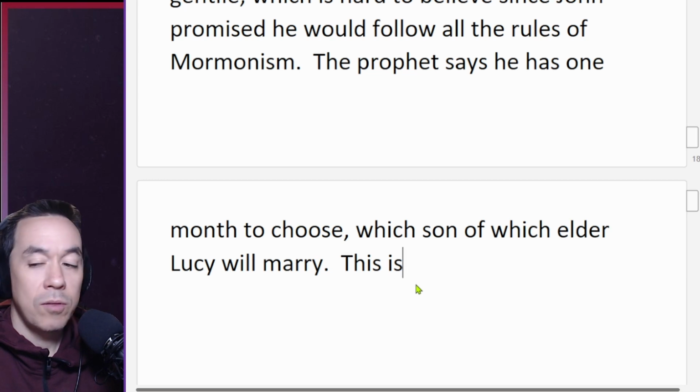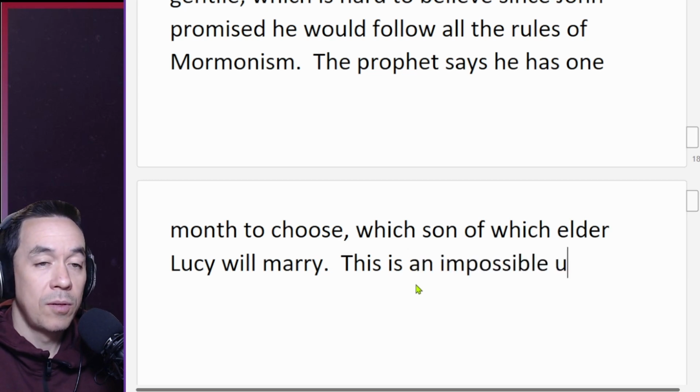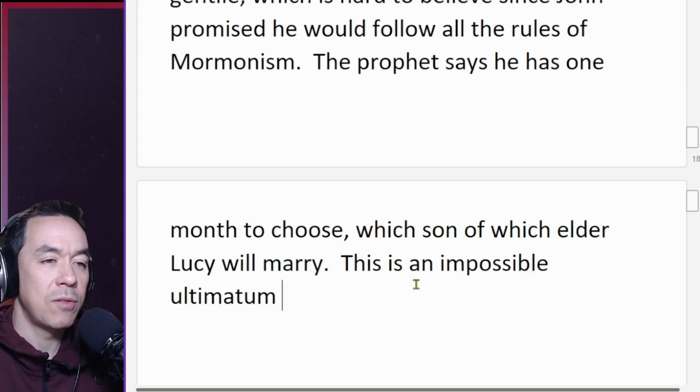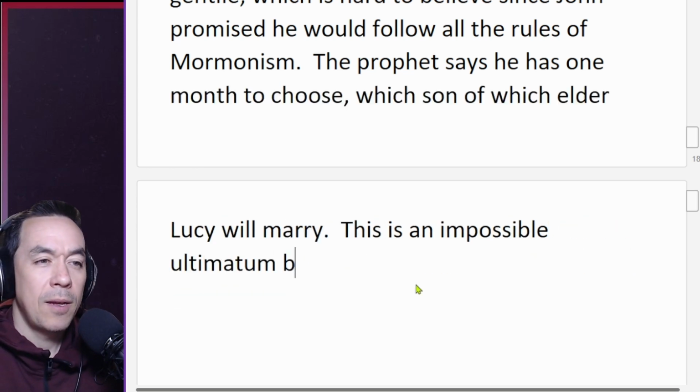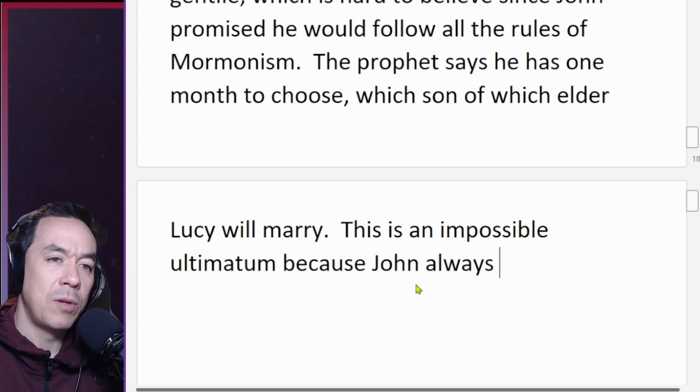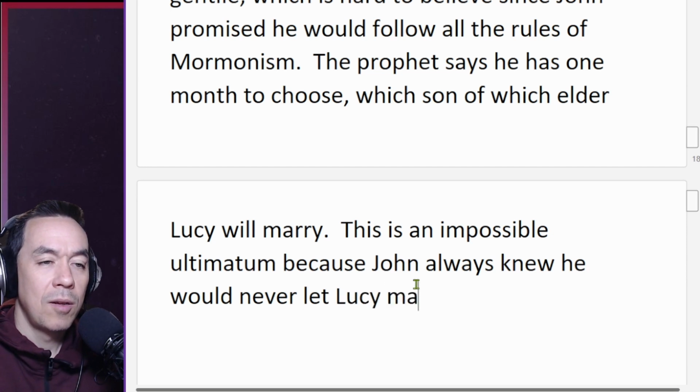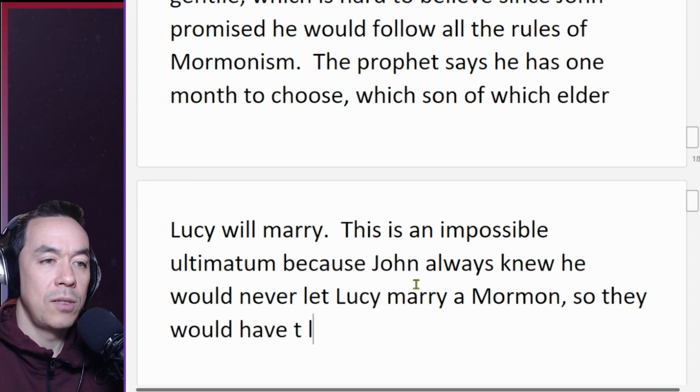This is an impossible ultimatum, final decision, because John always knew, I think he said he'd never let Lucy marry a Mormon, so they would have to leave.